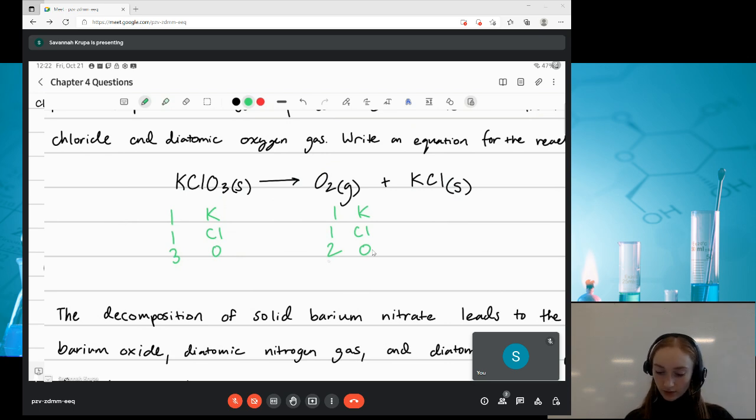Since we only have 2 on the right side, we're going to put a coefficient in front of the oxygen gas, the diatomic oxygen gas. But if we put a 2 in front of the oxygen gas, that would give us 4 oxygen, so we have to find the multiple amount of oxygens on the left and the right to which they'll come to the same amount. We have 3 oxygens on the left and 2 oxygens on the right.